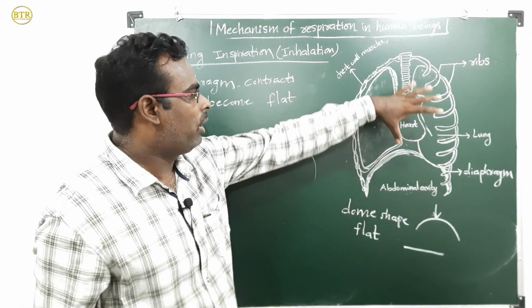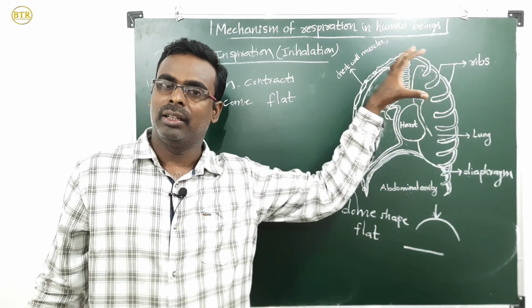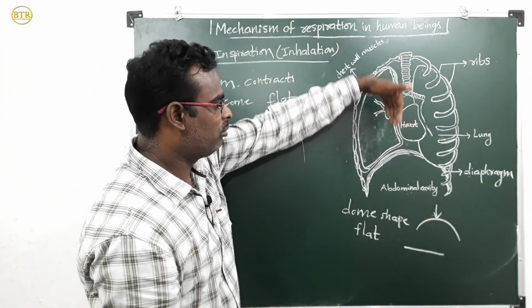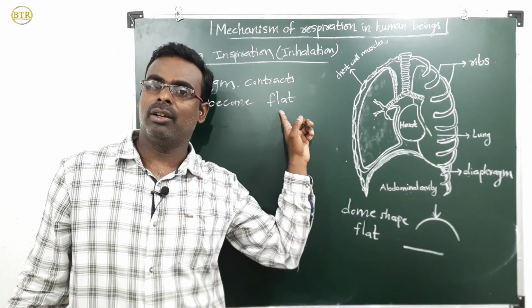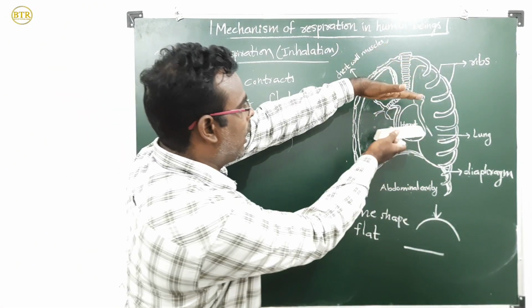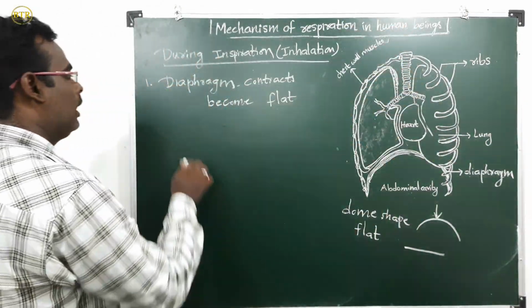Then whatever space is inside the chest, the chest cavity, its volume will increase. When the diaphragm is flattened, the chest cavity size increases.